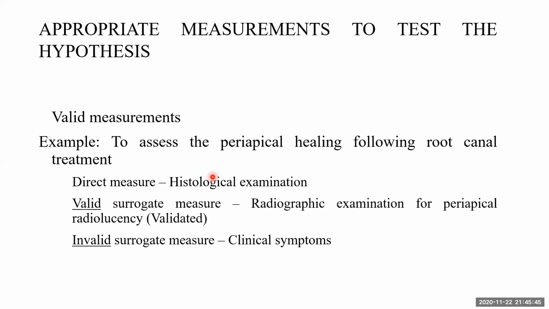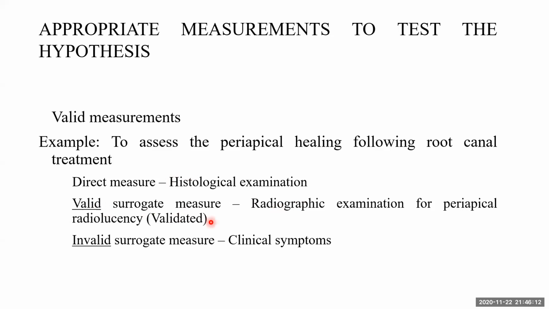We have a valid surrogate measure, which is the radiographic examination for periapical radiolucency, which is a validated measure. Because there are some studies that assessed the radiographic examination and the histological examination, and they found a correlation between them.